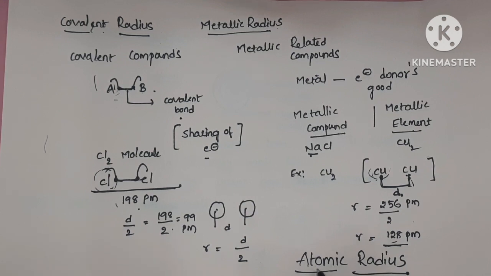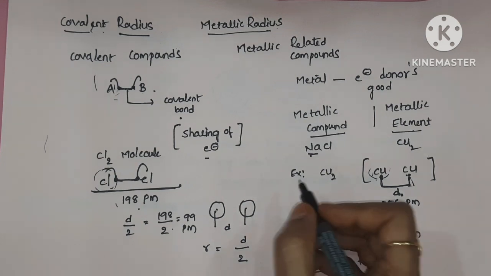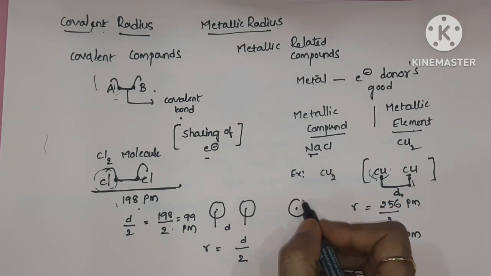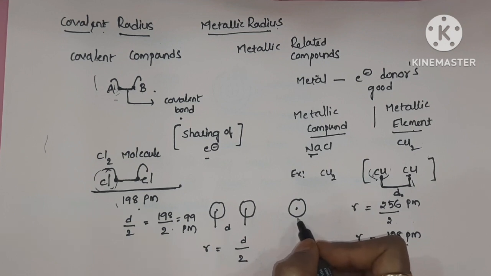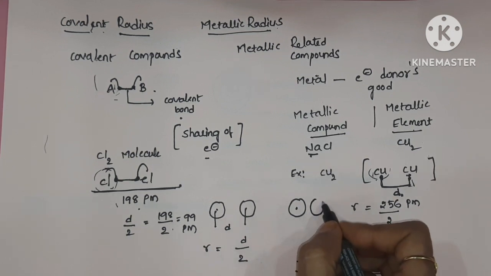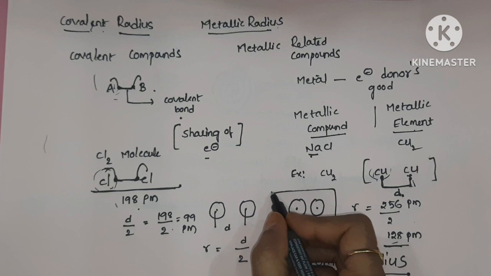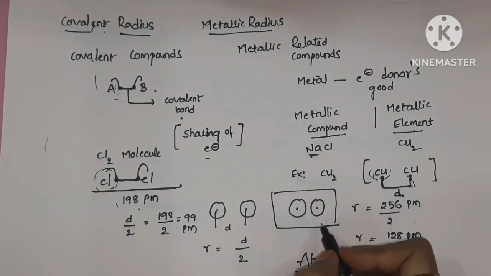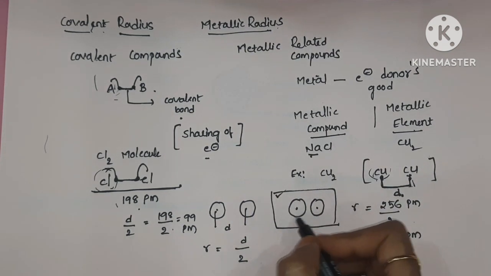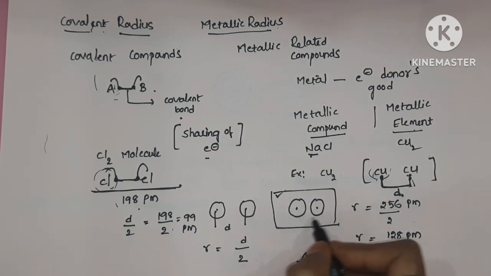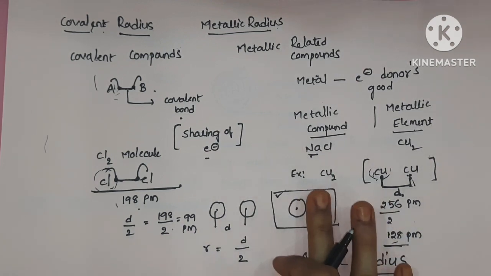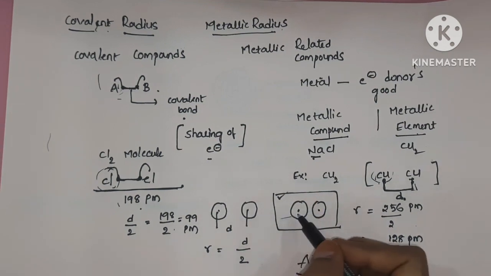That's why we can't find the radius of one atom on its own. But if it is placed in a combined state, then we can find the radius of one atom. It must be placed in a combined state, not an individual state.